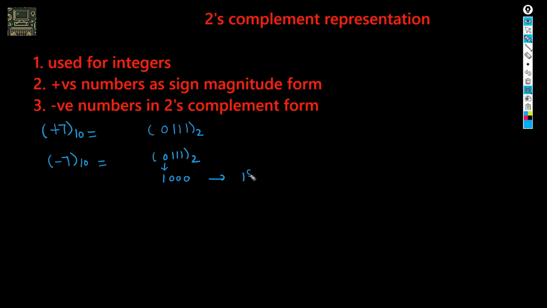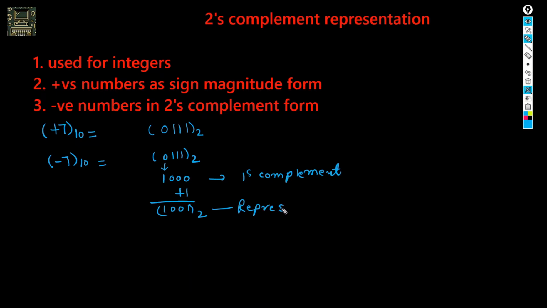This is actually known as the ones complement. To calculate the 2's complement, we will simply add plus 1 and we will get the number 1001. So 1001 in binary is the representation of minus 7 in 2's complement form.